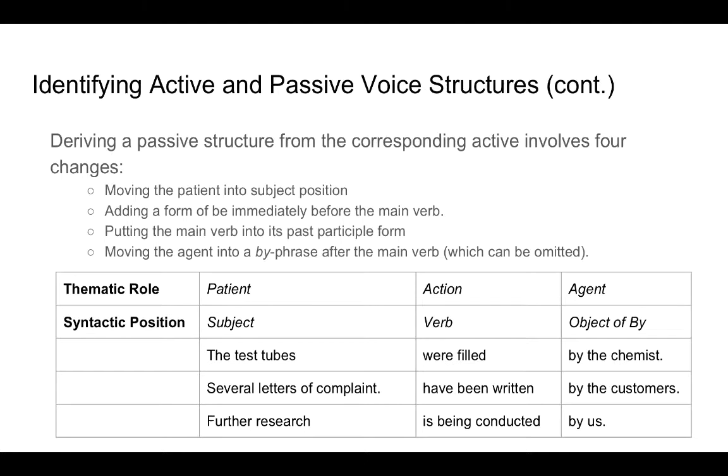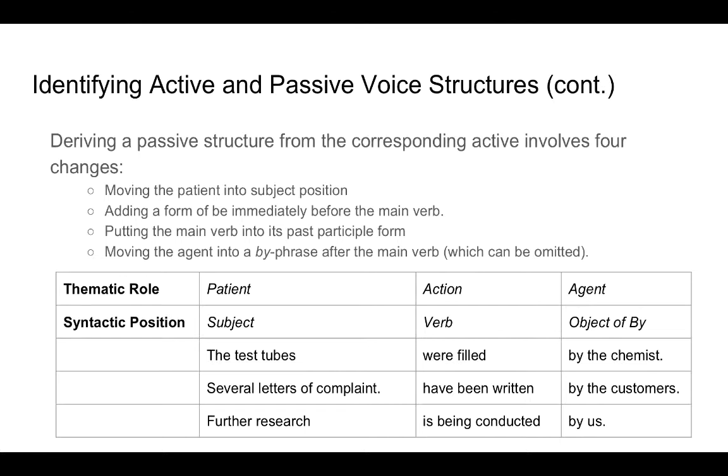So to make it passive, what you need to do is move the patient into the subject position, whatever's being affected by the action. Then add an appropriate form of the main verb. Then put that main verb in past participle form, which usually is some variation of making it have filled, meaning it adds the ed at the end, or in some non-typical forms like write, it would be written, not just adding an ed.